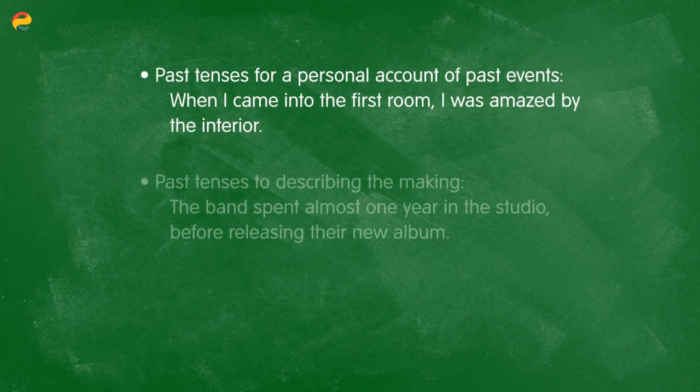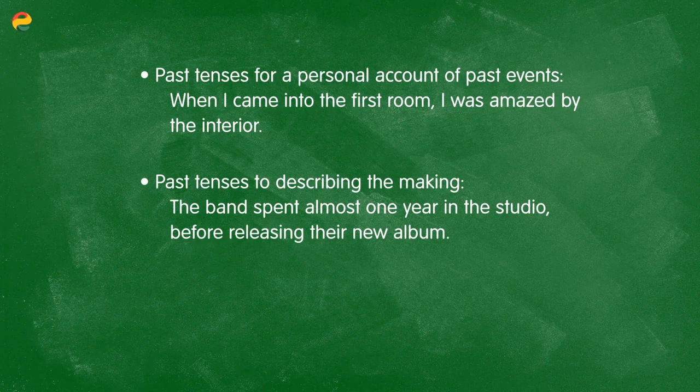However, if you are writing about your visit to a museum or a performance or a play, or if you are talking about the creation of the object that you are reviewing, for example, how the film was made, how the book was written, here, you may use past tense structures.